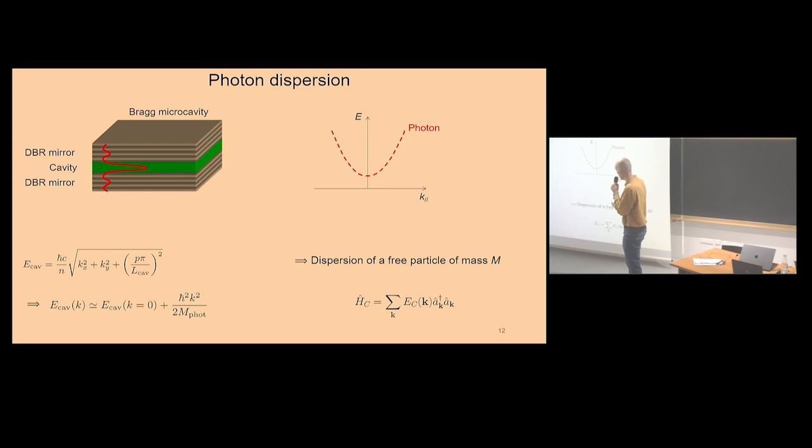If you Taylor expand this expression around k equals 0, you notice that the dispersion of the photon in the cavity is typically parabolic, like this. This is typically the dispersion of a massive particle, and so this is why, as we saw earlier, the photon in the cavity can behave as a massive particle. This is the first ingredient that we will use to fabricate our synthetic materials.